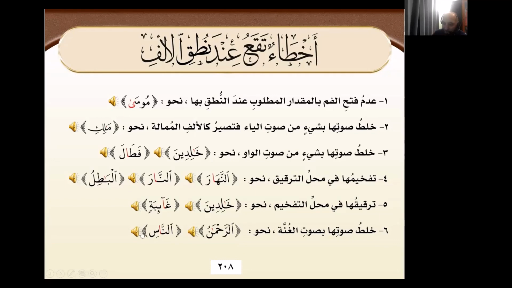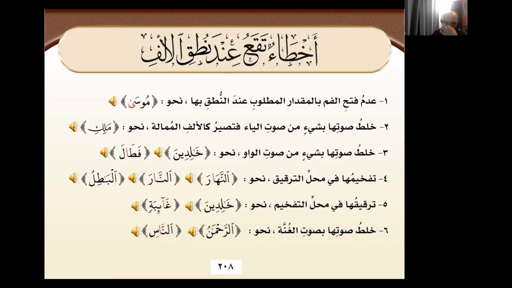For example, this one as well: الناس. Look. And it should be Ar-Rahman. Can you see, when I block my nose there's no effect on the alif, because I'm not pronouncing the sound from my nose.